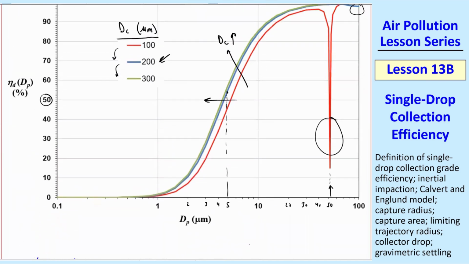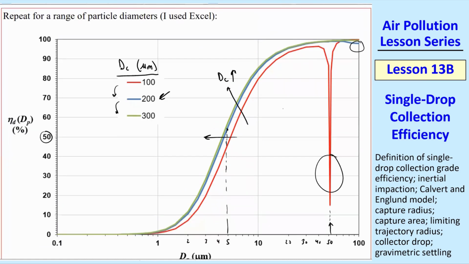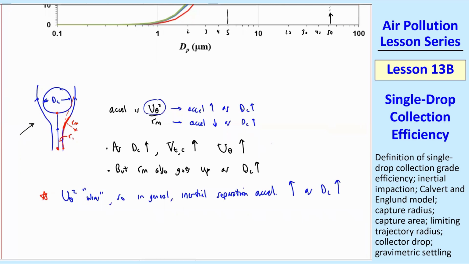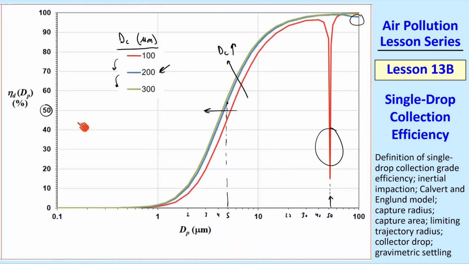And that's why we see a better performance as DC goes up. The curve actually shifts to the left, not up, because it goes up to close to 100%. But there's diminishing returns because even though the acceleration is higher, you also have a bigger and bigger distance for the particle to travel before it can get caught by the collector. So it turns out that at really big drop diameters, you don't gain much, as we see on this diagram.